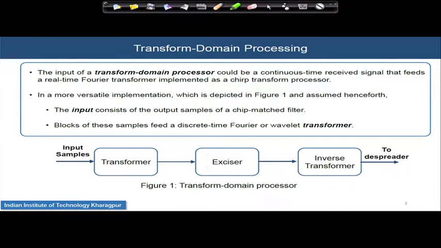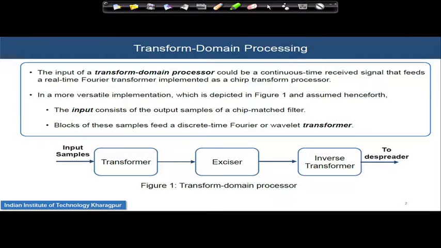So, for detection of which beam the interference is in, we do a threshold comparison. The output of this threshold comparison identifies the location of those beams where the interference is maximum, and then the interference is suppressed by the exciser by putting zeros to those beams.